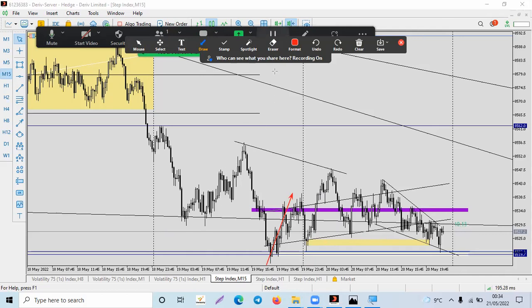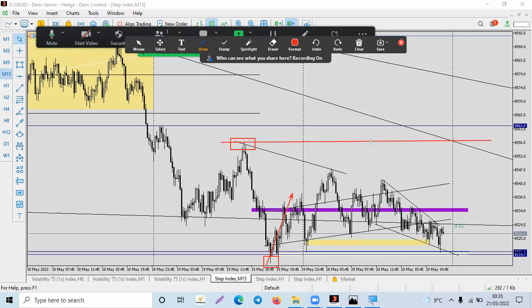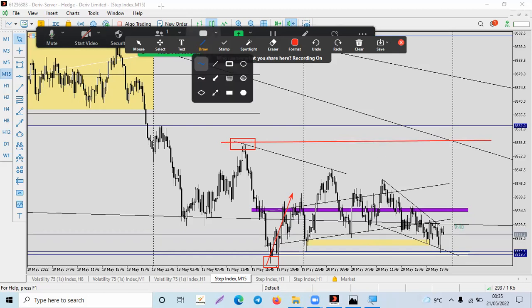So if you can notice, we had this significant point that created this low. So if it's like this, the moment we break this last swing point, we are going to change direction.